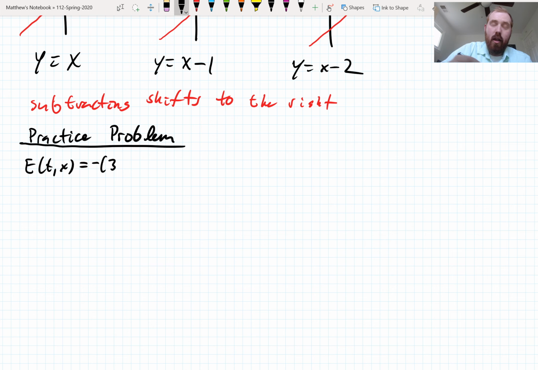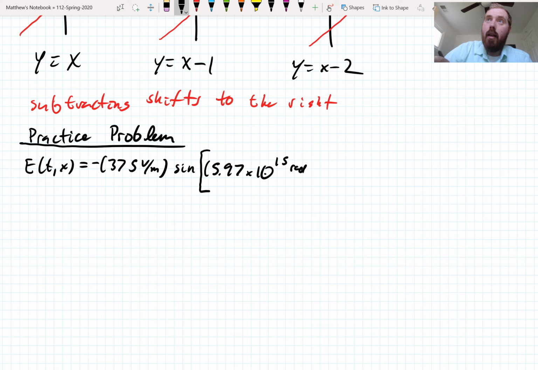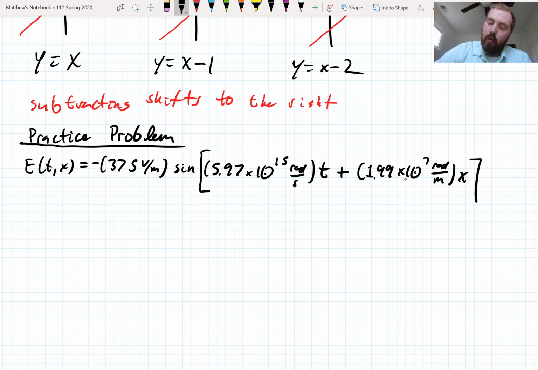It's minus 375 volts per meter times the sine of, I'm going to use square brackets, sine of 5.97 times 10 to the 15th radians per second times time plus 1.99 times 10 to the 7th radians per meter times x. There's our electric field wave equation.